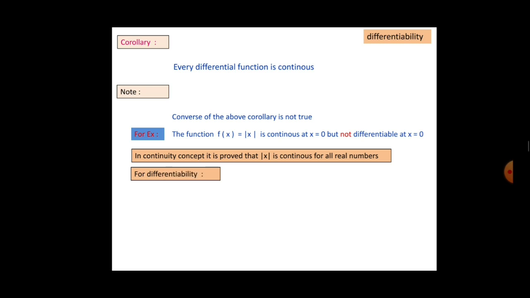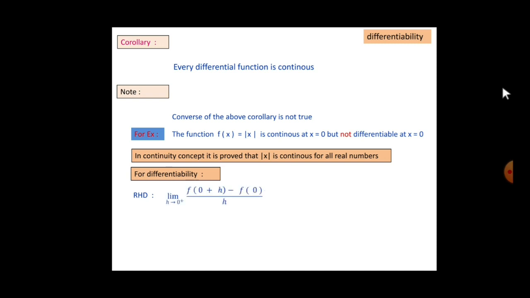Now I am verifying differentiability. As you studied, we check differentiability by the left hand derivative and right hand derivative. So first let me compute the right hand derivative of the function.